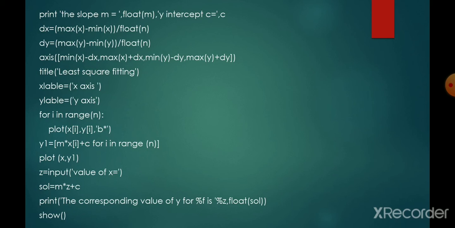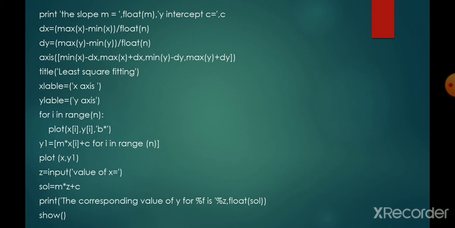That is the m and c. Then the equation for dx equal to max of x minus min of x by float n. Here we put float n, otherwise we put 1.0 or 2.0. The float n is used for the decimal system.